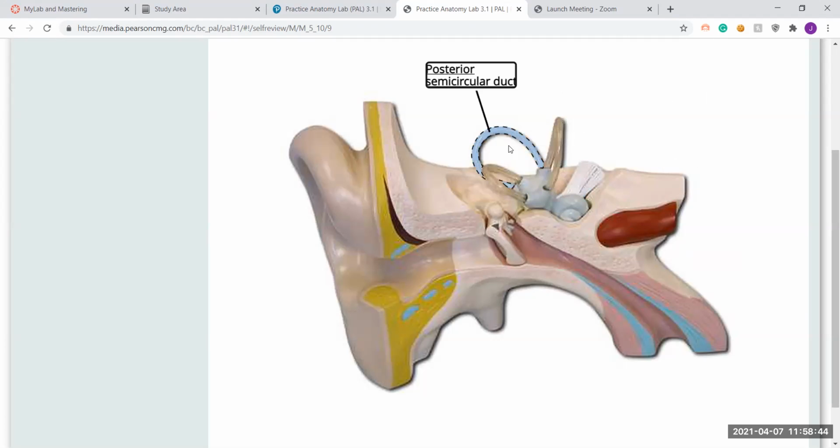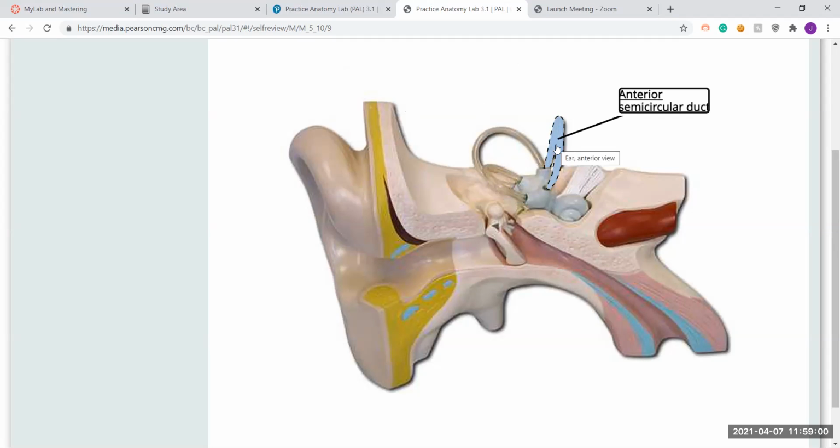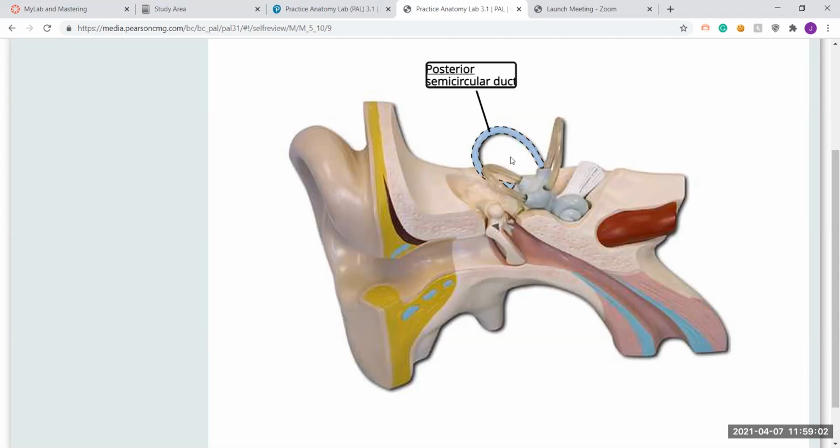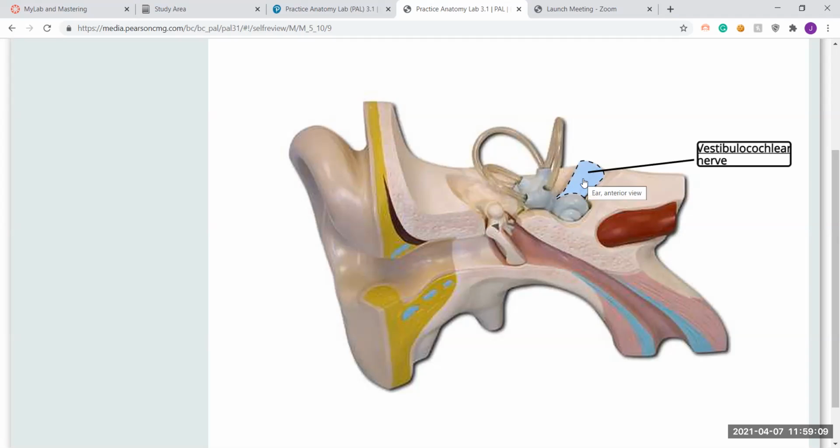Another name for inner ear is labyrinth. The inner ear has the cochlea, vestibule, and semicircular canals. The cochlea is responsible for hearing. The vestibule and semicircular canals are responsible for the balance of your body. The inner ear is the sensory organ of the ear. That's why you see the vestibulocochlear nerve exiting from here and going to the temporal lobe of your brain, where you hear things.